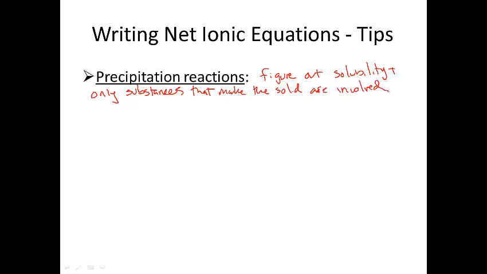So if you have a precipitation reaction, your net ionic equation, you start with your product, which is the solid, and then your reactants are just the ions that make up that solid. All the other ions are spectators.